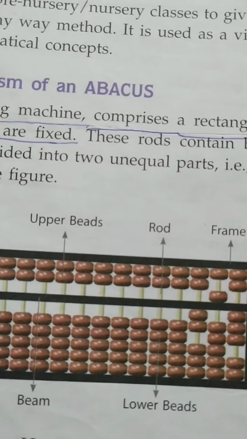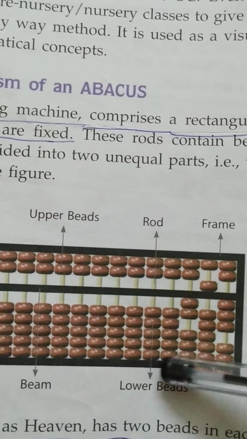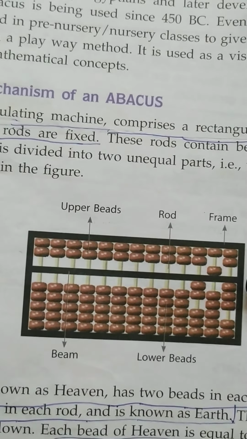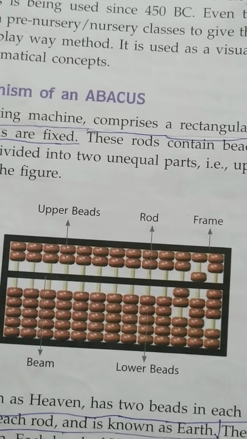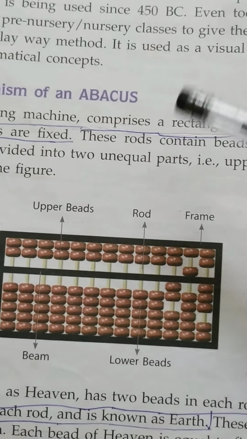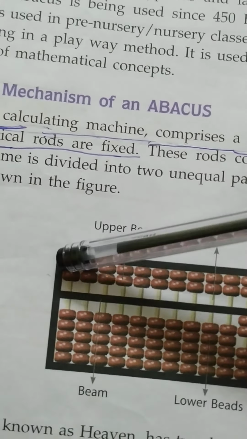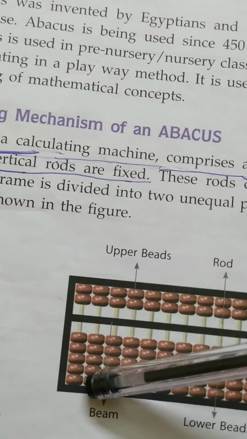So the calculating machine comprises a rectangular wooden frame on which vertical rods are affixed. See, this is the vertical rod. You can see this, first rod, second rod.